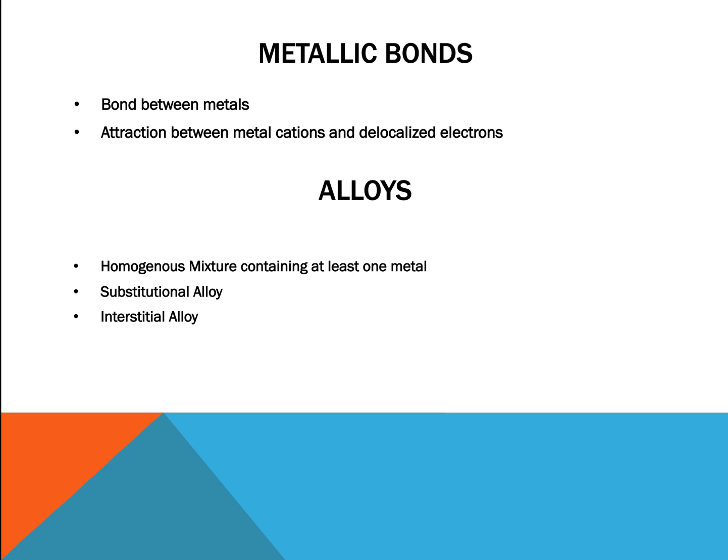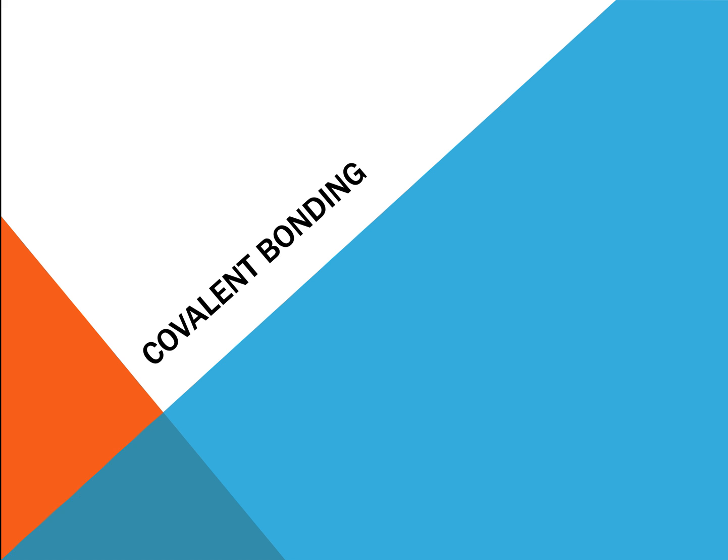A substitutional alloy is when a metal atom of similar size inserts itself into the lattice, whereas an interstitial alloy is when we have a metal with larger atoms, and smaller atoms fit themselves into the cracks.